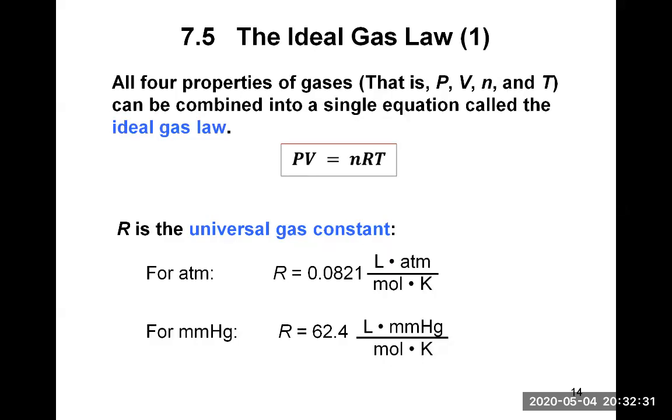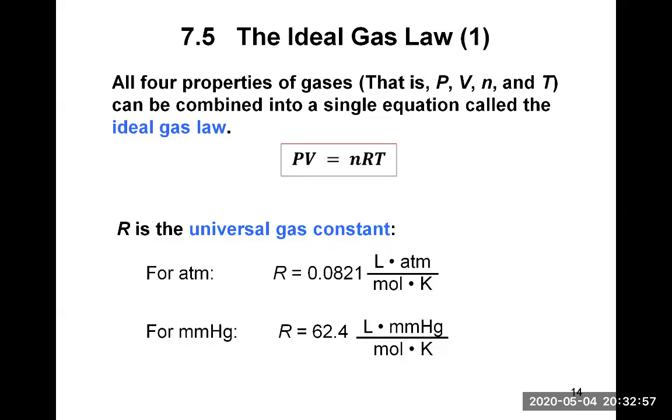R is just a constant, and you have two different values possible to use depending on the unit of the pressure. The R value has a complex unit, as you can see: liters times the unit of the pressure per mole per Kelvin.